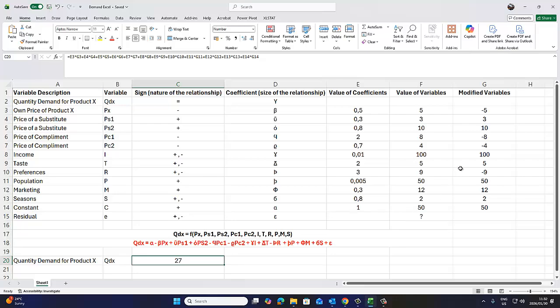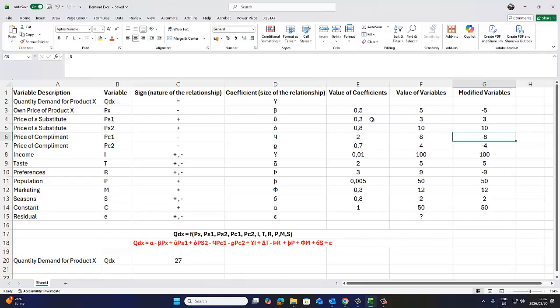Now I can change the signs, I can change the coefficients, I can change the variables, and I can change the modified variables, meaning the modified variables are just the change.